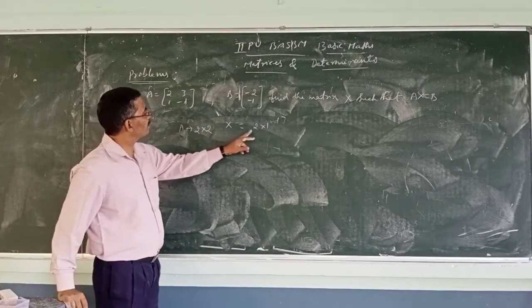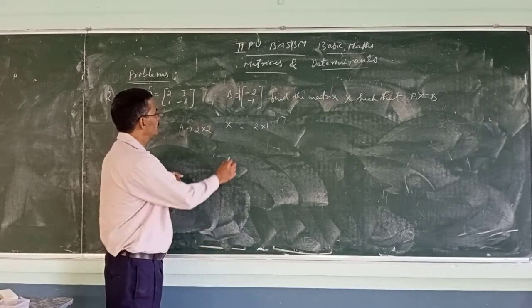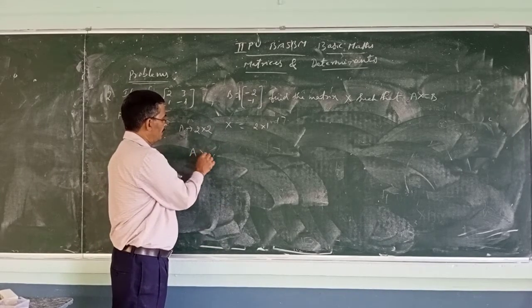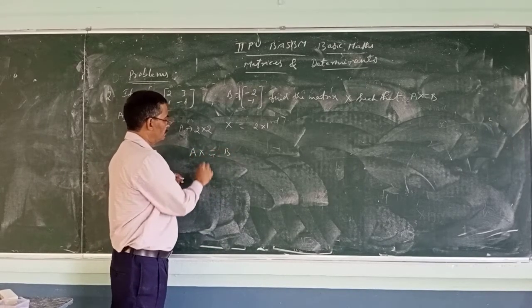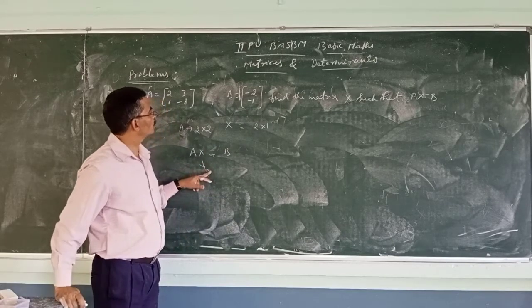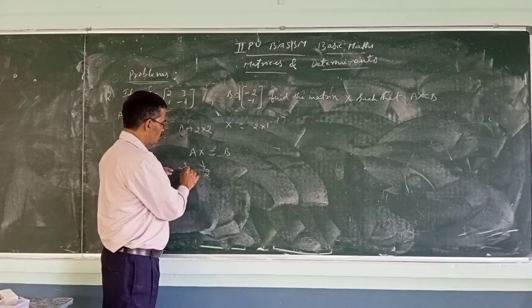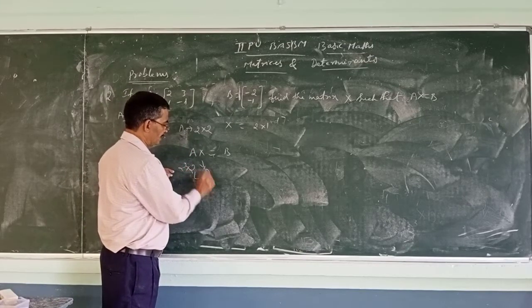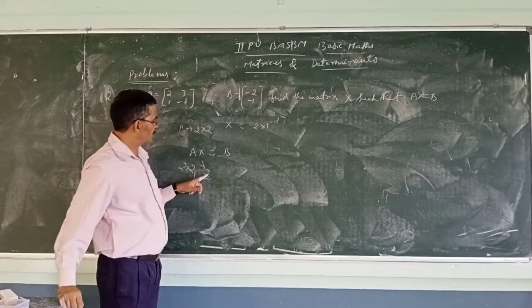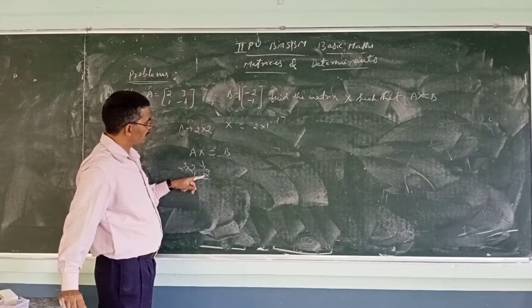You should get the final result as 2 cross 1. AX equal to B is possible only if X starts with 2 rows, because A is 2 cross 2.